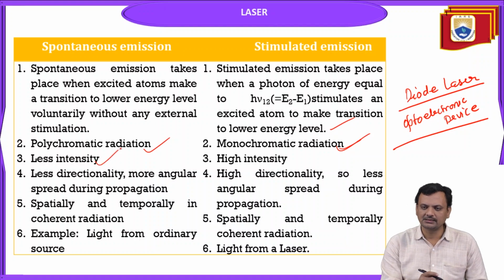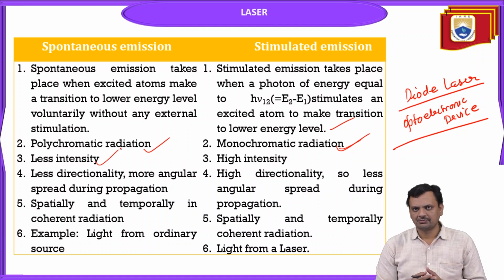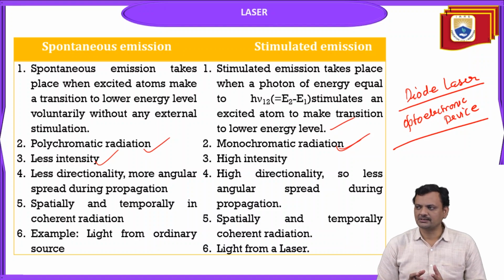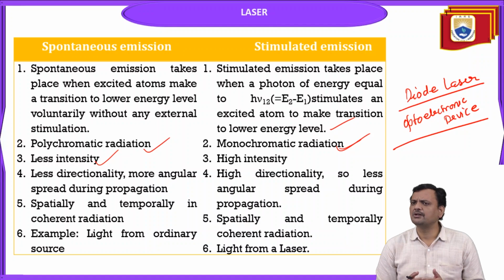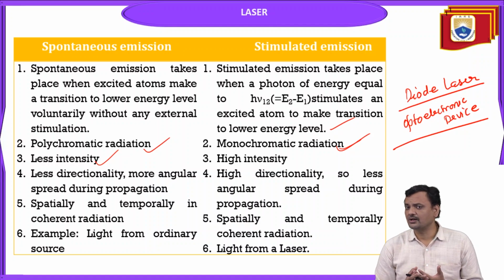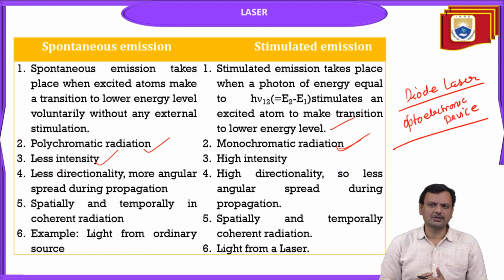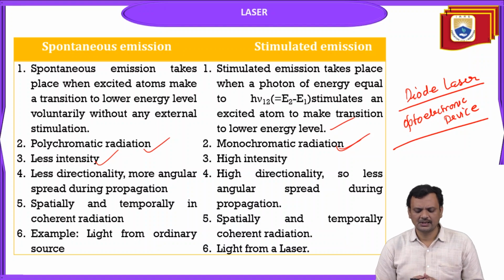Now, intensity. Whatever photons are produced by the spontaneous emission process, the available number of such photons per unit volume or per unit area will be very, very less. But in the case of stimulated emission, the available photons per unit area or per unit volume will be very, very large.